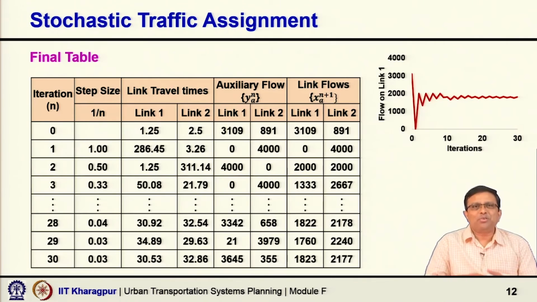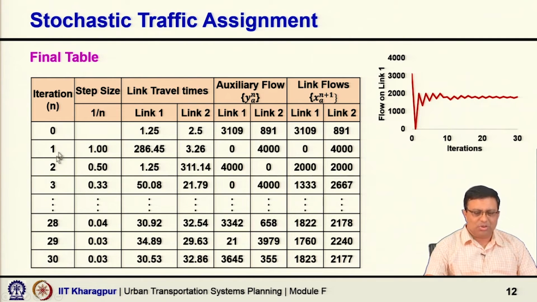So, let me now show you the table, a very similar one. So, we start with the 0th iteration, 1.25 and 2.25. So, you get the auxiliary flow, link flow, and then as you proceed, the link travel times are calculated based on the updated flow that you get in the last two columns, link 1 and link 2.